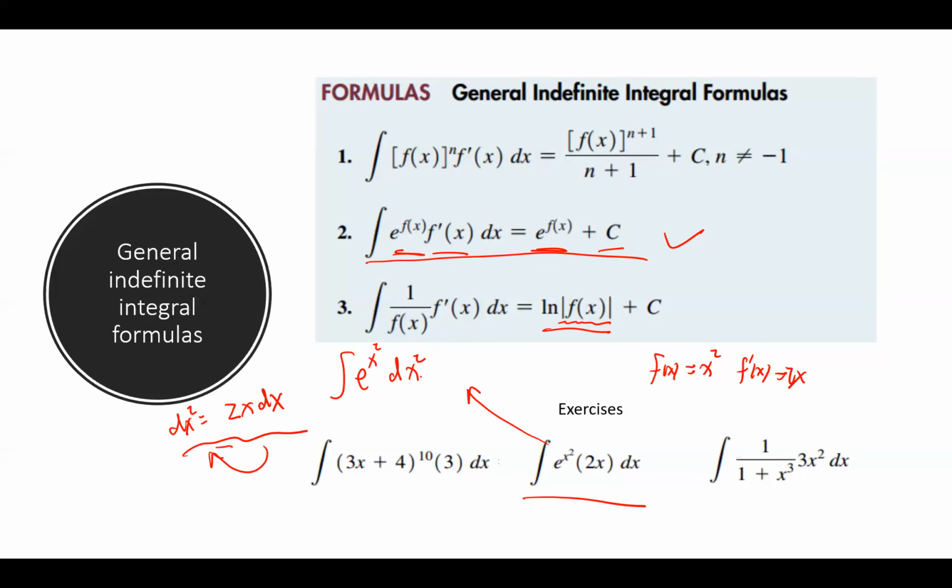Now this x squared is an entity, so I can re-express it as e to the power of u du, and u is x squared. I'm just adding a variable. Now naturally, the result becomes e to the power of u plus c, and because u is x squared, we plug it back and get e to the power of x squared plus c. So it's going to be the same result.